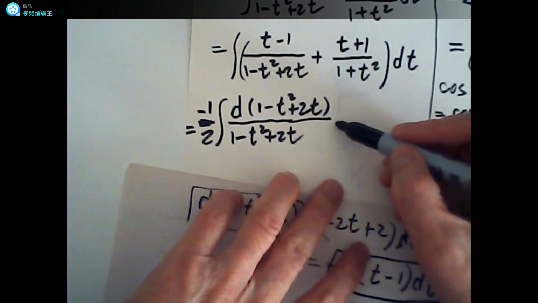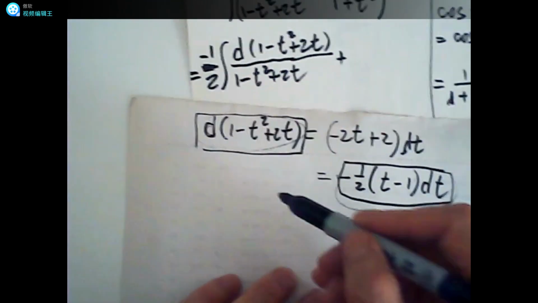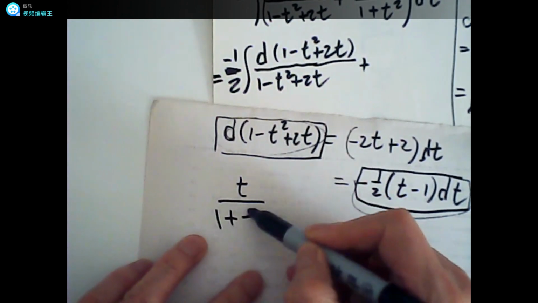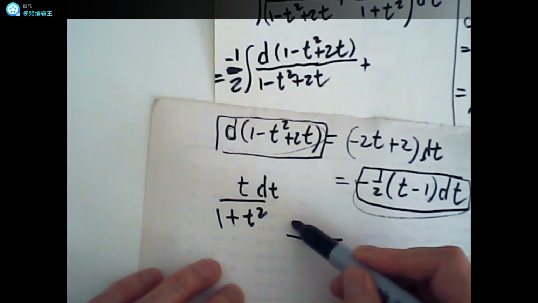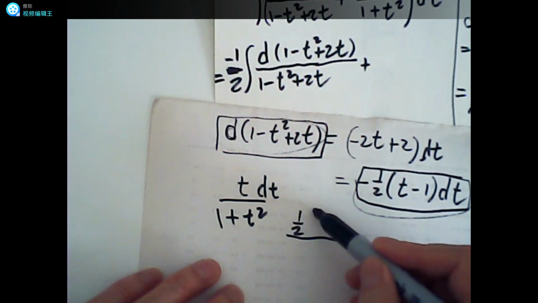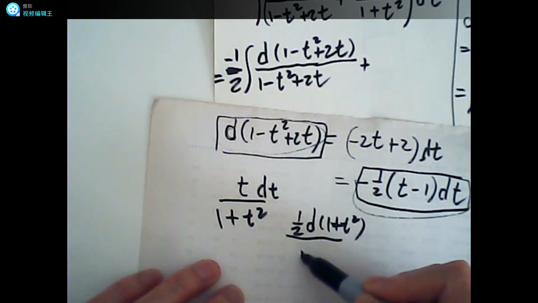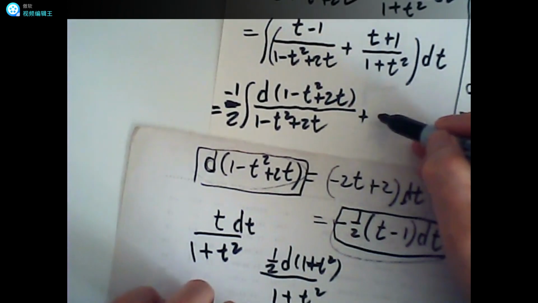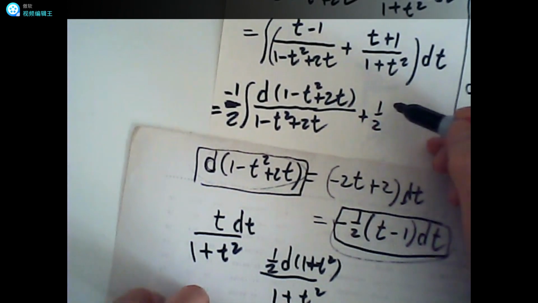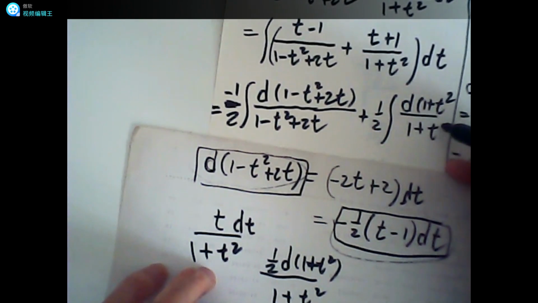Plus t over this, dt. I can write half d of 1 plus t squared over 1 plus t squared. They are equal, so plus half d of 1 plus t squared over 1 plus t squared.